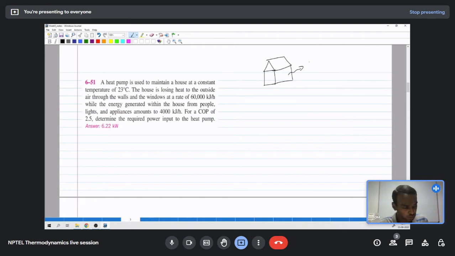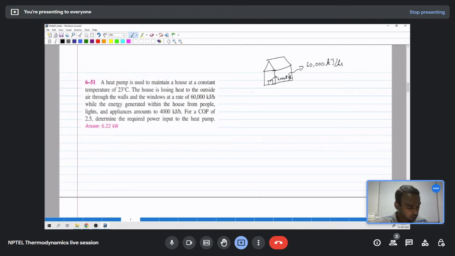So from the house 60,000 kilojoule per hour is lost, and from the appliances some 4000 kilojoule per hour is generated, and for a COP we need to find the required input.